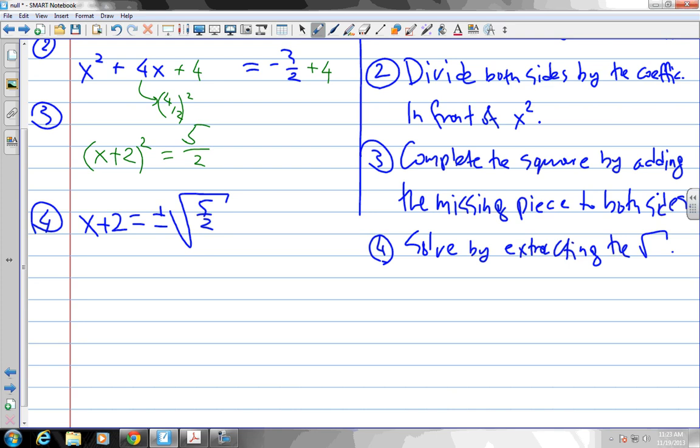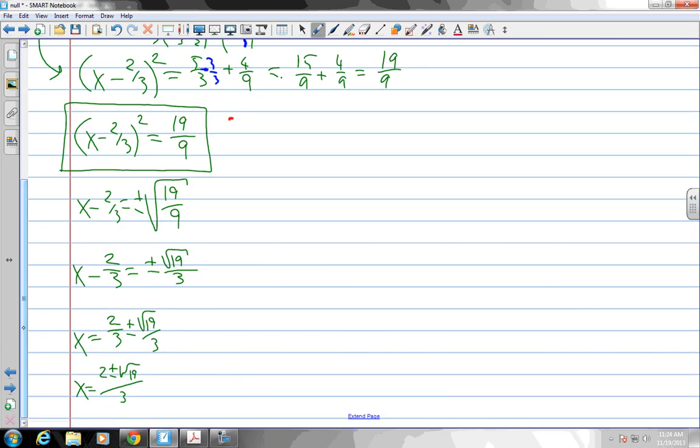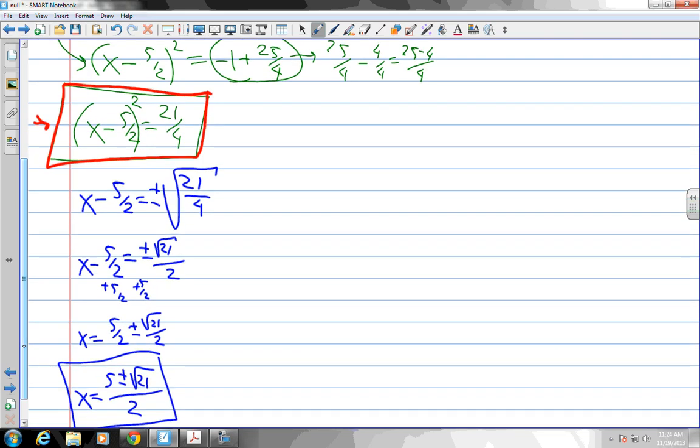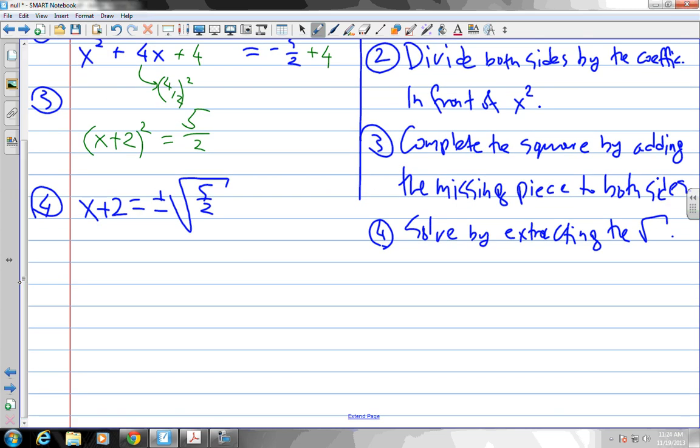Well, there is a little issue with that. Every problem we've done before, when we took the square root, we were able to take the square root of the denominator. 9 turned into 3, 4 turned into 2. But here, I have a square root of 5 over square root of 2. Remember how it's politically incorrect to have an answer that has a radical in the denominator. So I have to rationalize this.